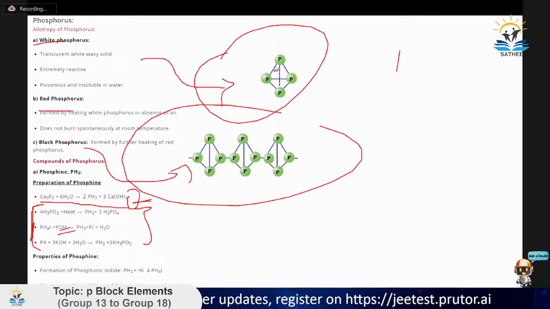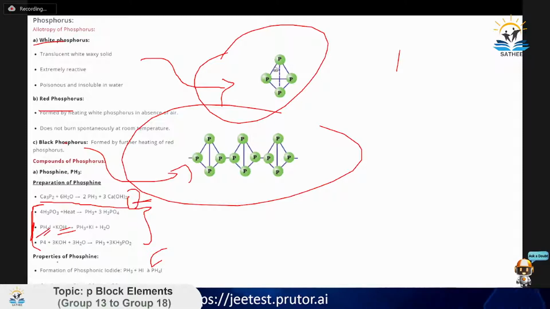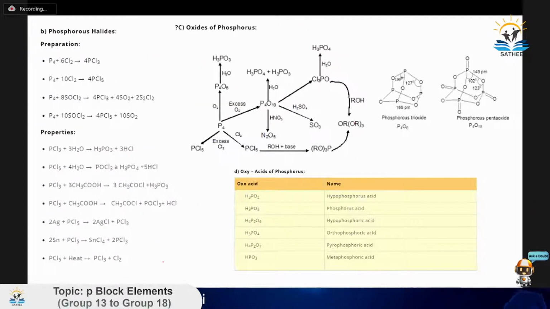This is also an important method. Phosphorus has some properties like forming phosphonium iodide, PH4I, and basically combustion of it gives me H3PO4.